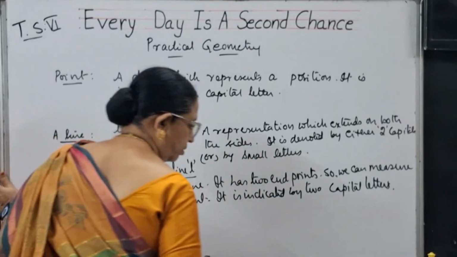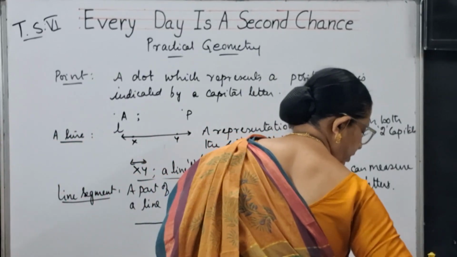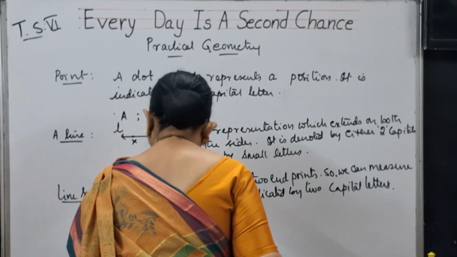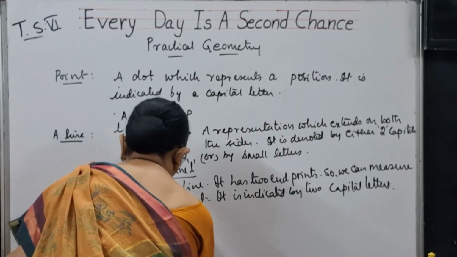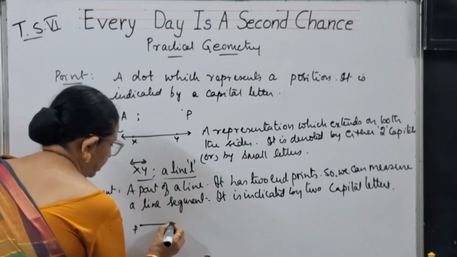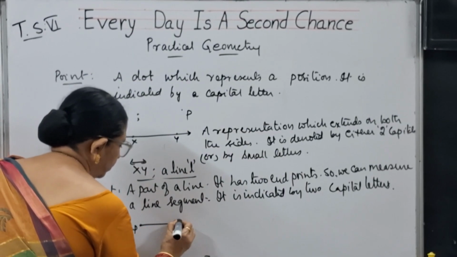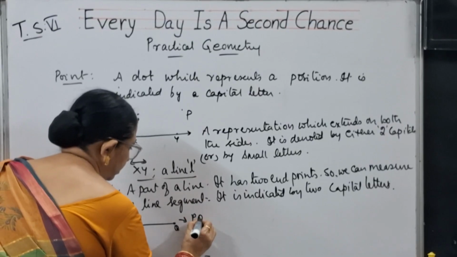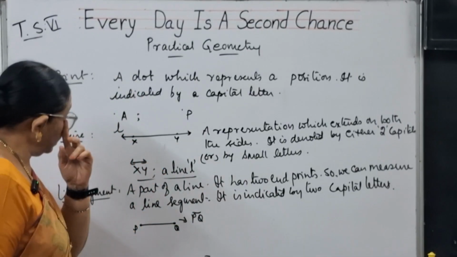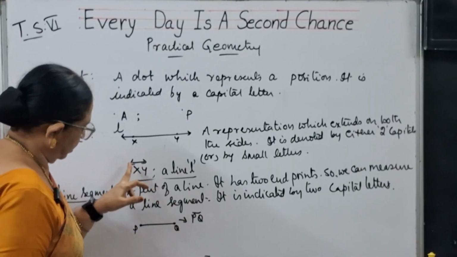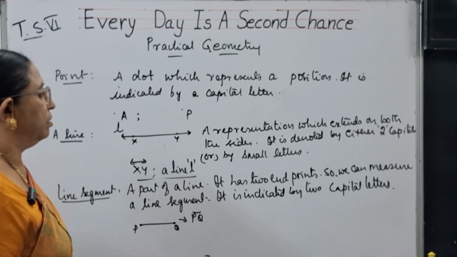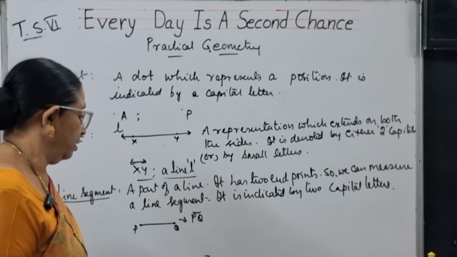I can draw a line segment, naming this as P and Q. So how am I going to represent it? PQ. A representation like this indicates that it is a line segment. A representation with two arrows indicates that it is a line.